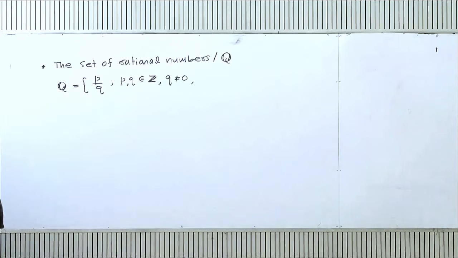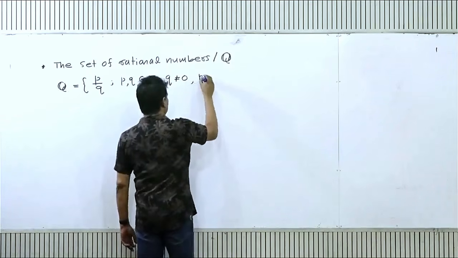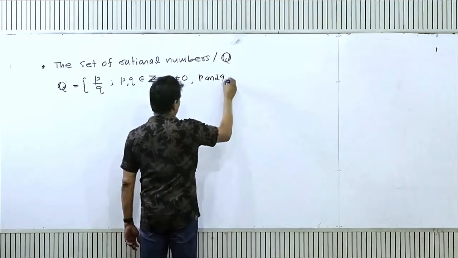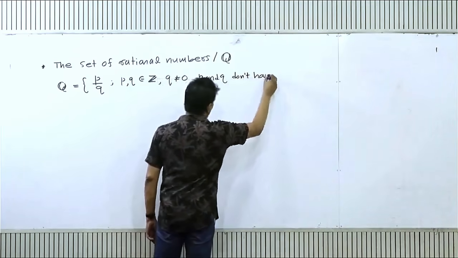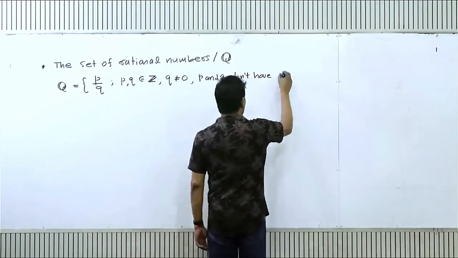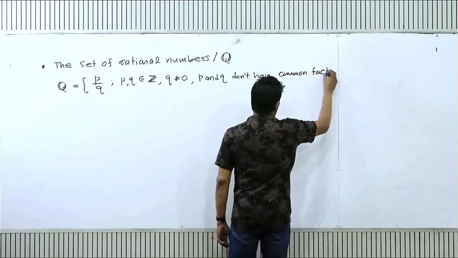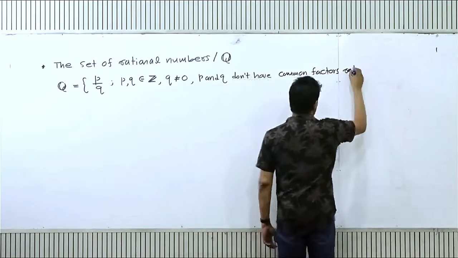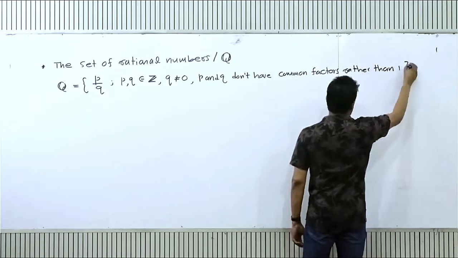And there is another explanation. P and Q don't have common factors other than 1.